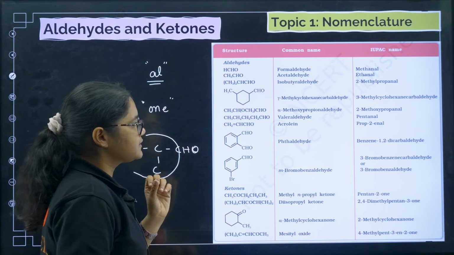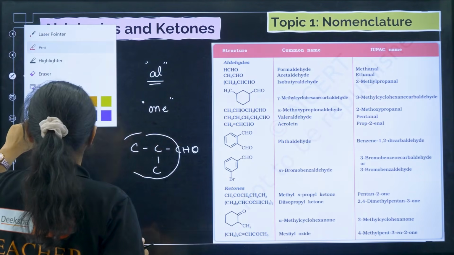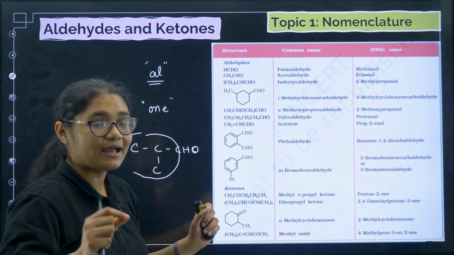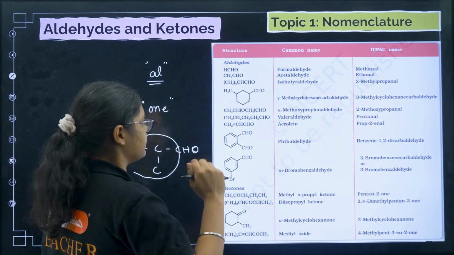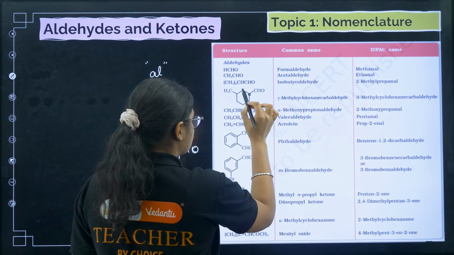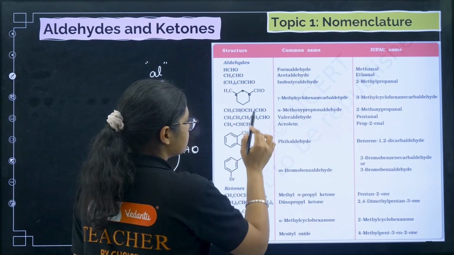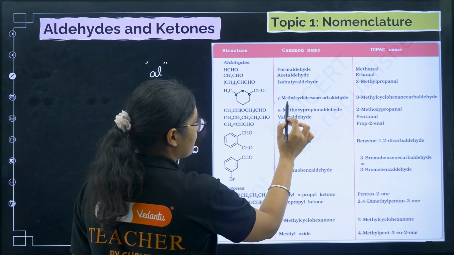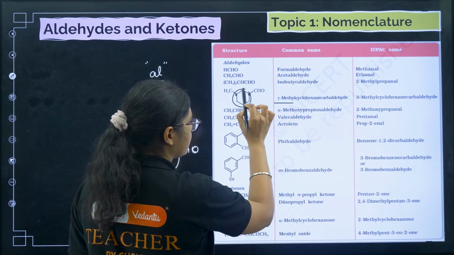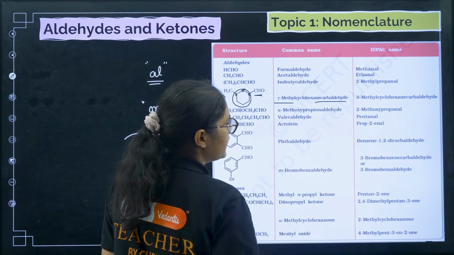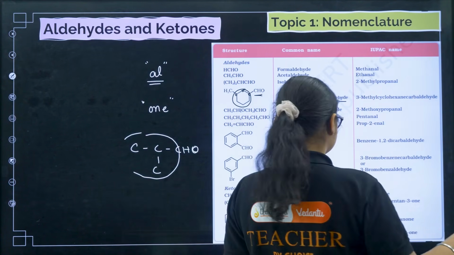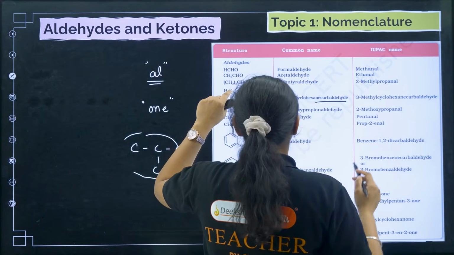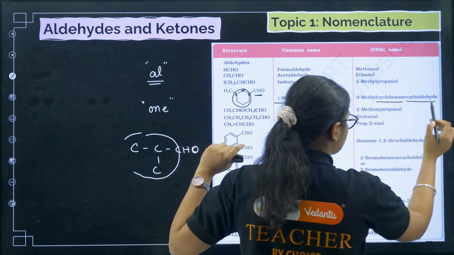You will call it 2-methylpropanal. Next, something very important when it comes to a cyclic chain. This is the first carbon, second carbon, third carbon, so this is alpha, beta, gamma: gamma methyl cyclohexane carbaldehyde. In IUPAC, it is 3-methylcyclohexanecarbaldehyde.